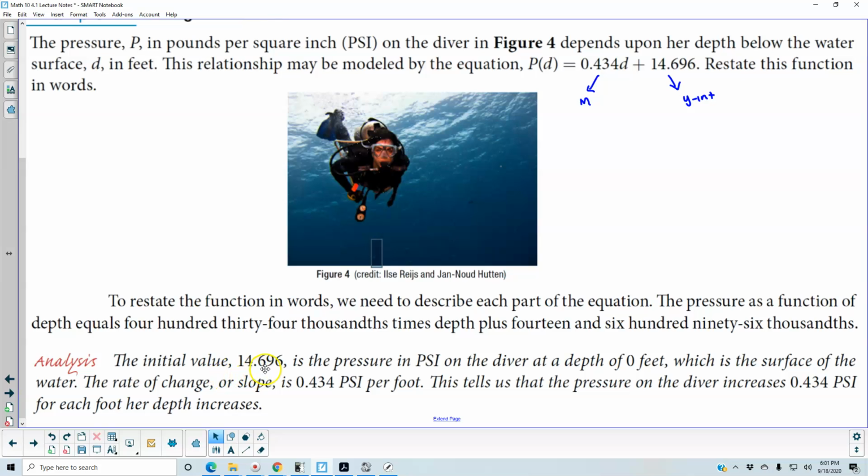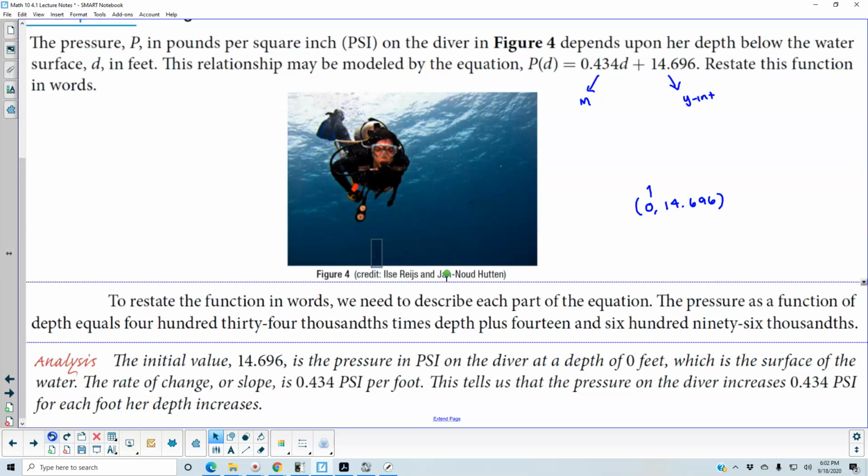Now the initial value, 14.696, is the pressure in PSI on the diver at a depth of 0 feet. So that means that at 0, this number is going to be 14.696. So again, this is representing the depth, and this is representing the pressure, or PSI.